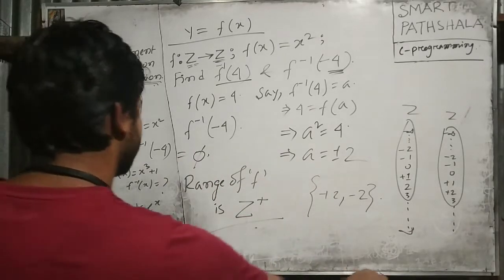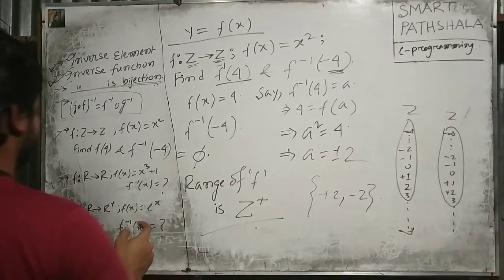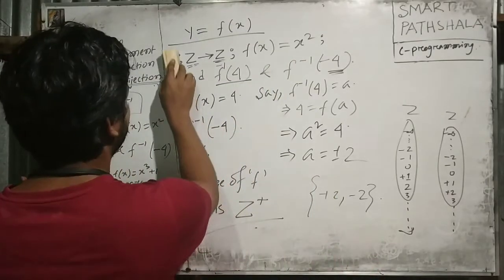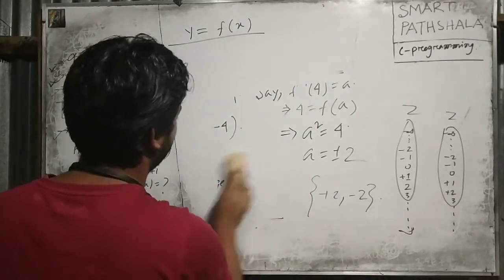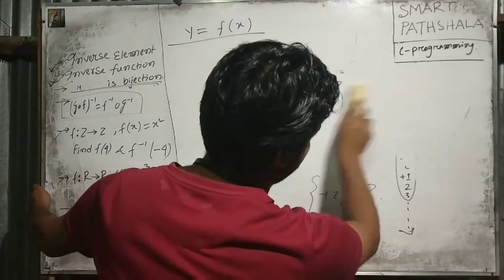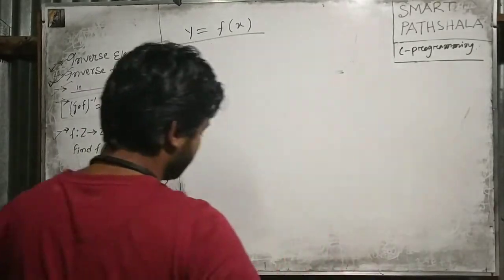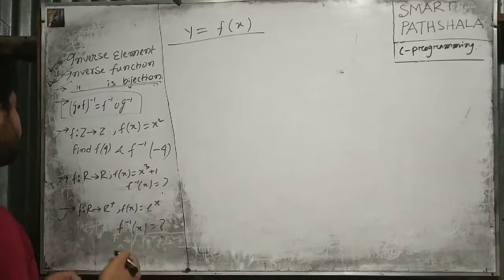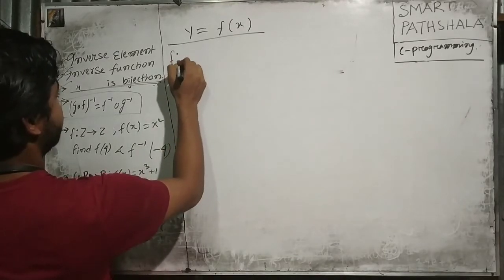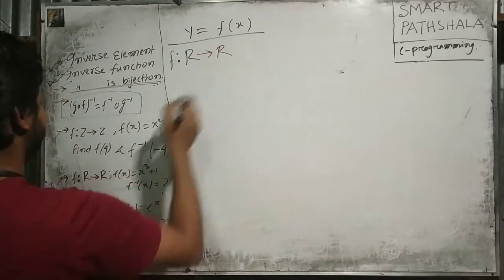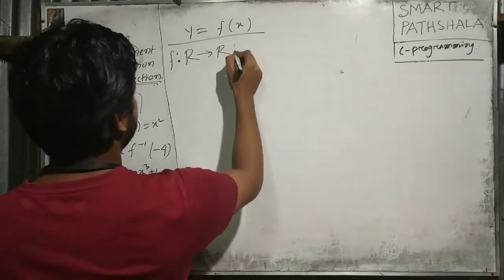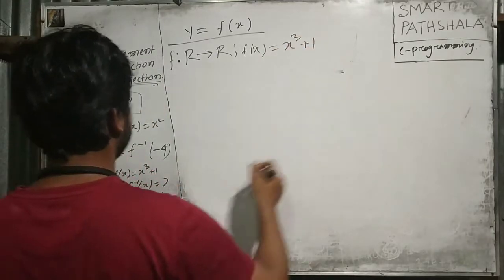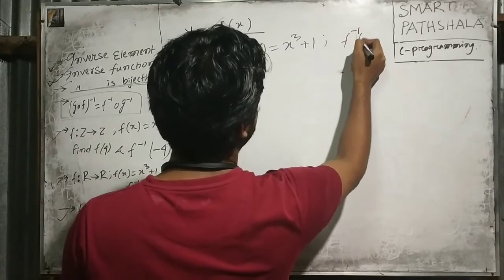Now let's come to the solution of the next problem, this one. Okay, so in this problem we are given a function f that maps from real numbers to real numbers, and f of x is defined as x cubed plus 1, and we need to find f inverse of x.